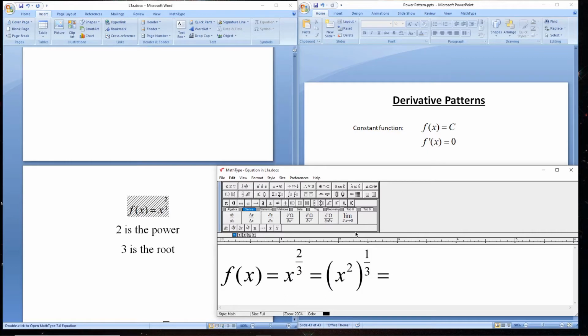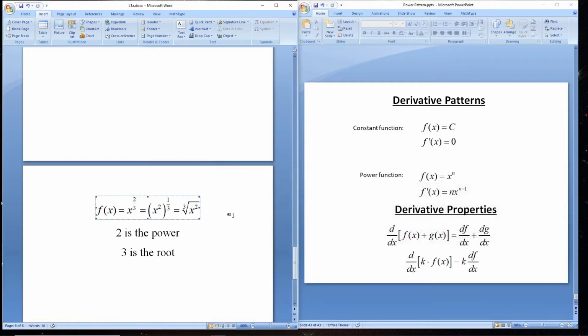Now, another way to write this, the more clunkier way that's not calculus friendly, would be to use the square root symbol. The square root symbol is not calculus friendly because it's not a number. So another way you could write it is that. Different ways to write the same thing. But the point here is the numerator is the power and the denominator is the root.